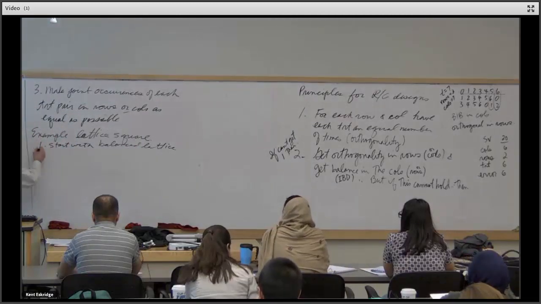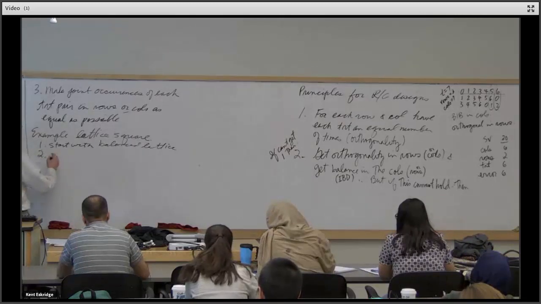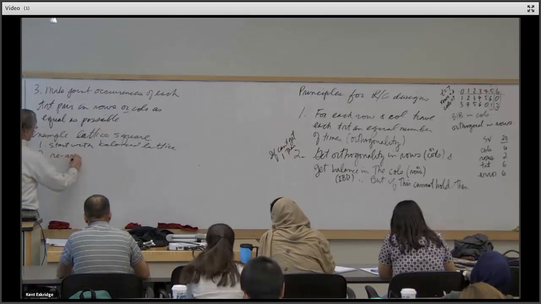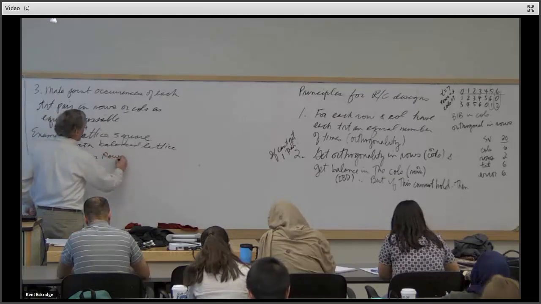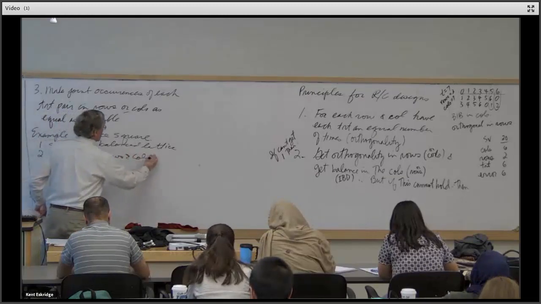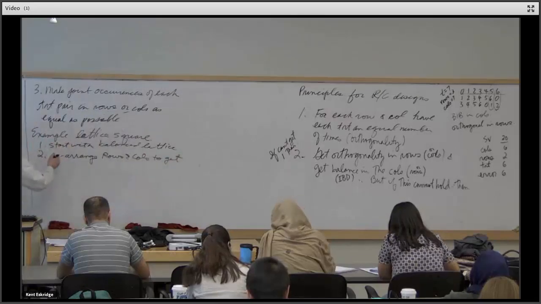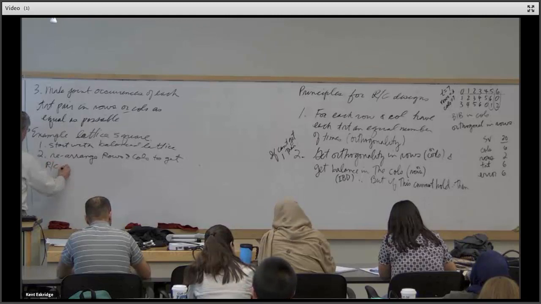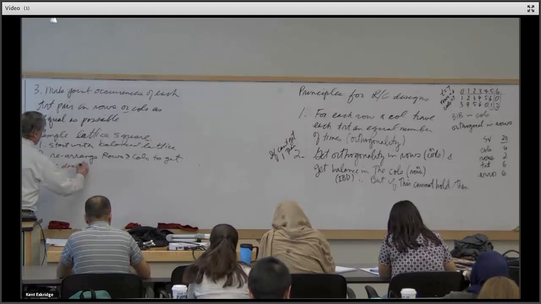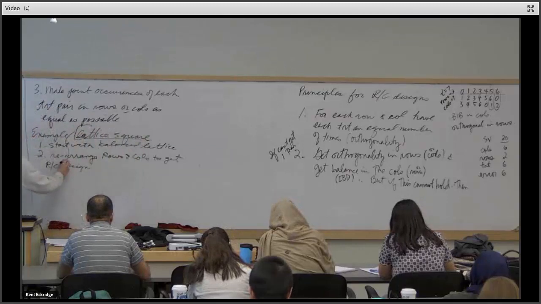And then 2 to get a lattice square. 2 to rearrange the rows and columns to get the row column designs. Rearrange the rows and columns to get the lattice square, to get a row column design. That's what a lattice square is. A lattice square is a row column design.